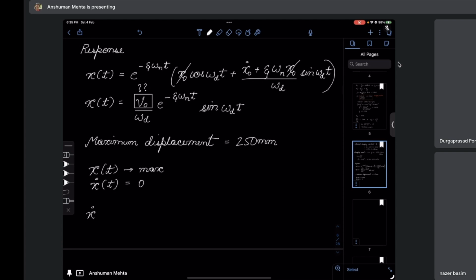Now x dot (t) we can write by differentiating x(t), which will be v naught by omega d e to the power minus zeta omega n t, bracket open, minus zeta omega n sin omega d t plus omega d cos omega d t.